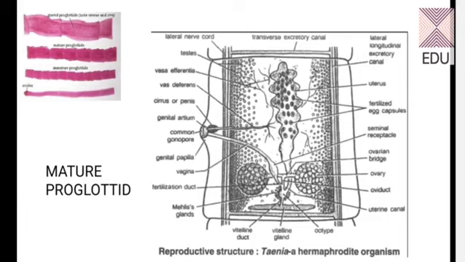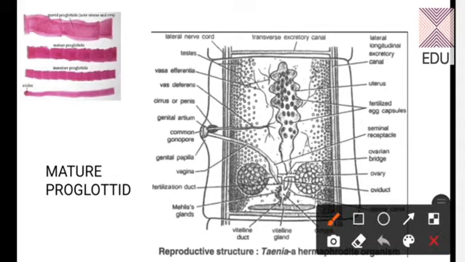In the last part of Taenia, we will start from that zygote and discuss how Taenia develops and what the life cycle of Taenia solium is. Up till now, remember how the egg capsules are formed and stored in the uterus of the mature proglottids.